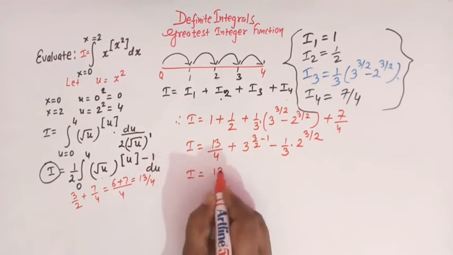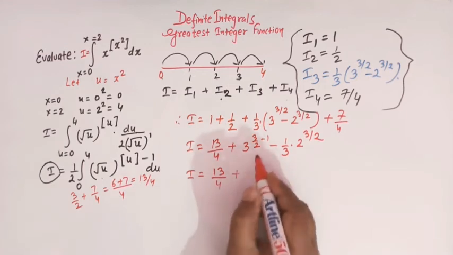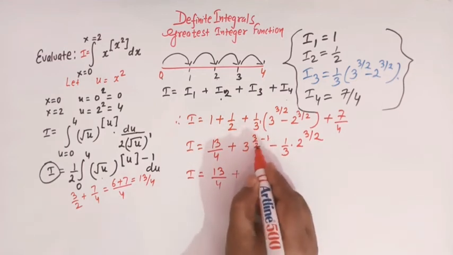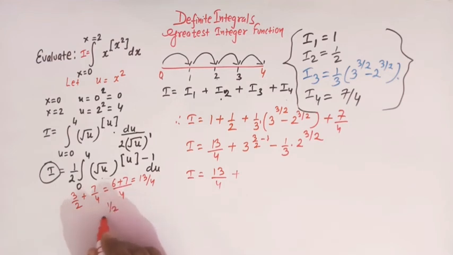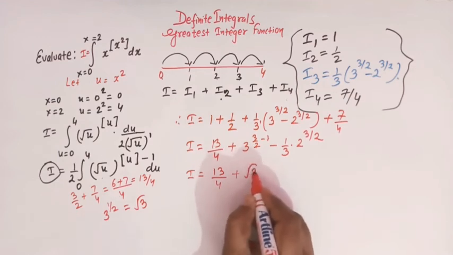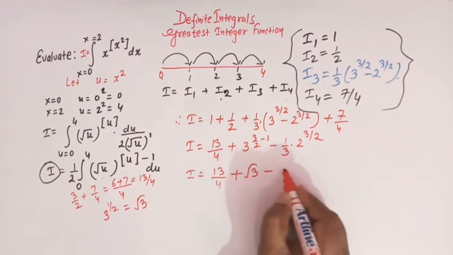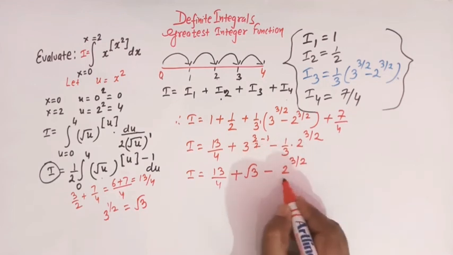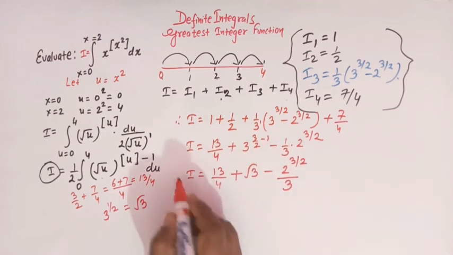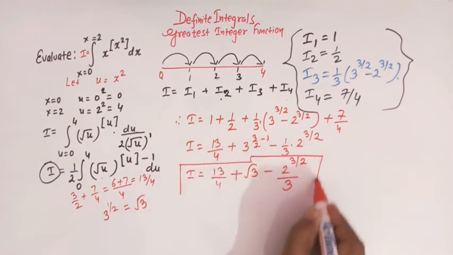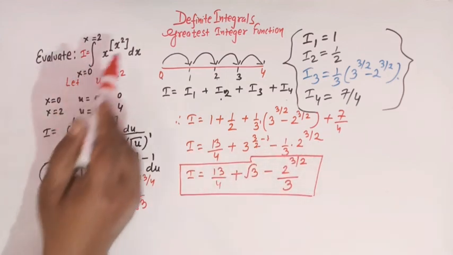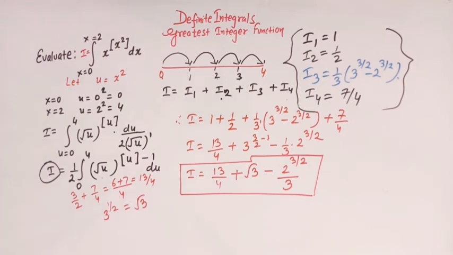So I is 13 over 4 plus this is 3 by 2 minus 1 is half, and 3 raised to half can be written as square root of 3. So here we have square root of 3 minus 2 raised to 3 over 2 over 3, and this is the required value of this integral, right? So viewers, this is how we solve this integral involving greatest integer function.